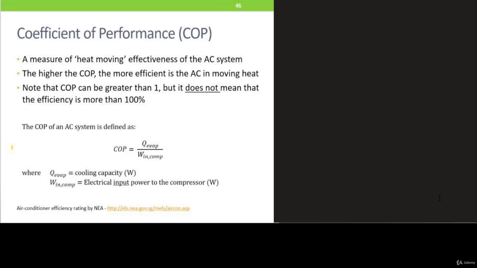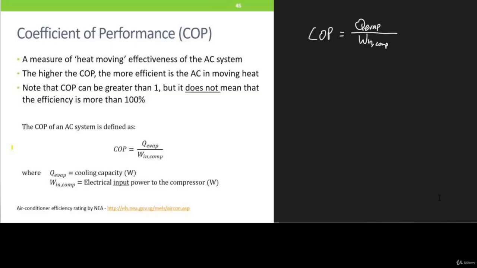The formula for COP is the amount of cooling that you can provide, Q evap, divided by the amount of power that you put into the system, the amount of power consumed by the compressor. That's why it's power input. You can write W in or P in, the power input by the compressor.